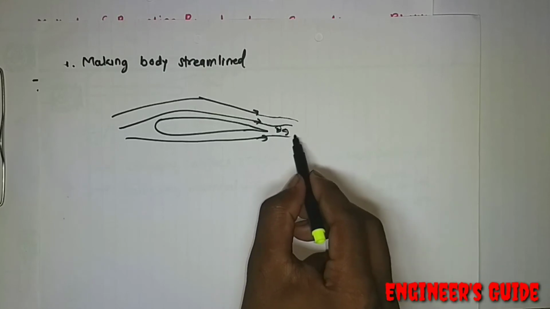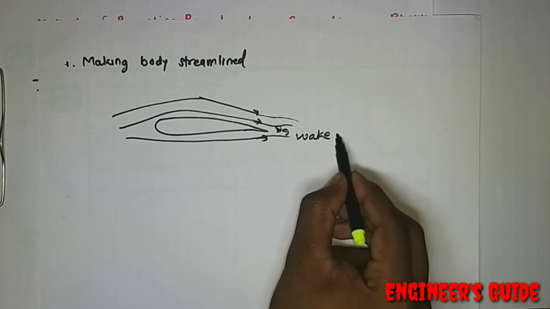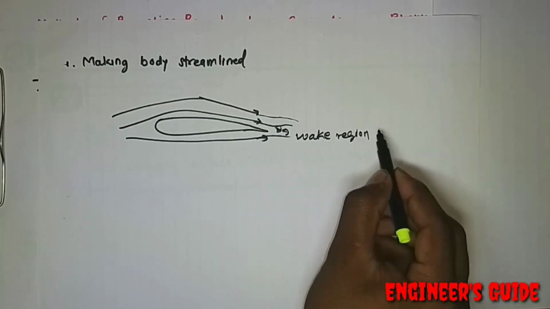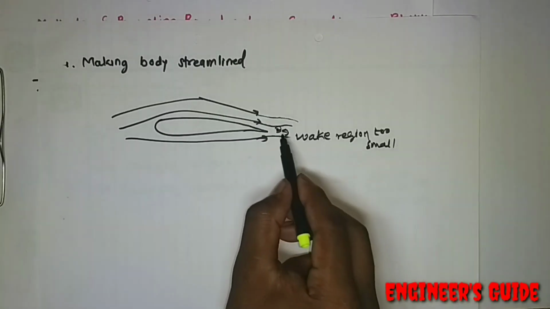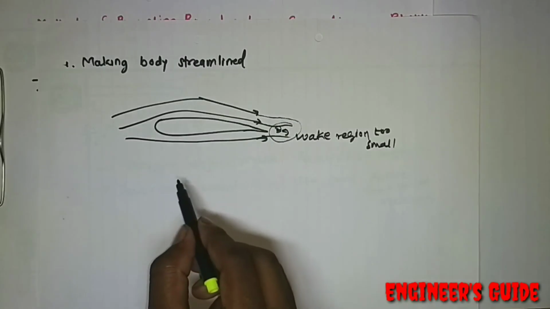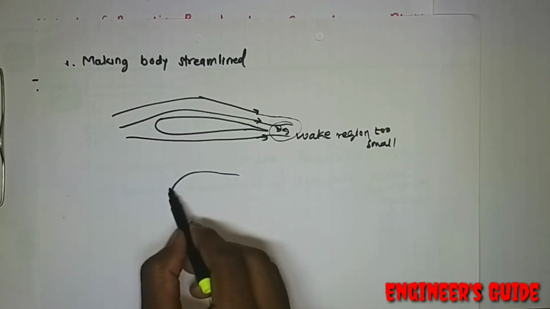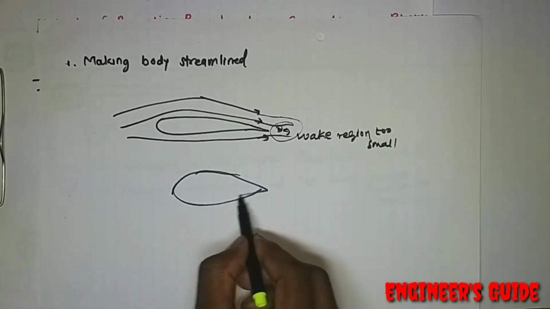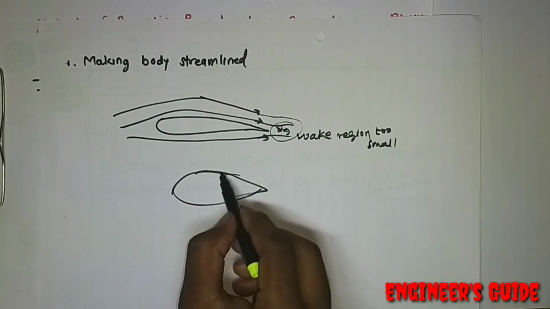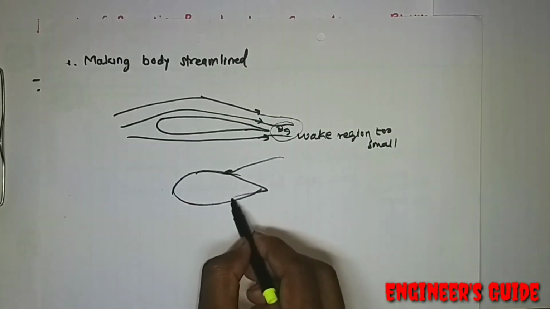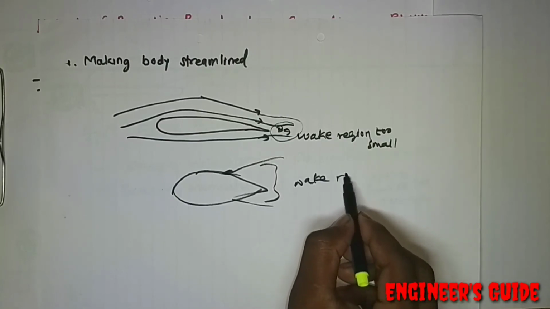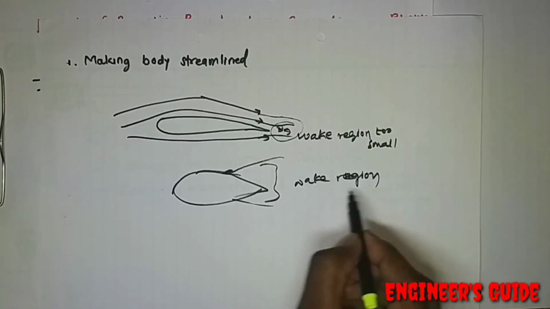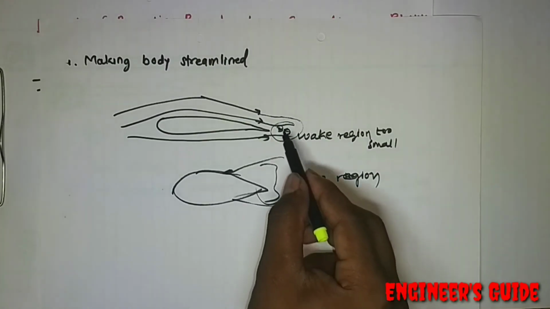In this case, the wake region is too small, which means drag is also less. This is the wake region. Now, if the body is not streamlined, meaning it's a blunt body, then the separation will occur at this point and the wake region will be more. In this case, drag will be more as compared to the above figure.